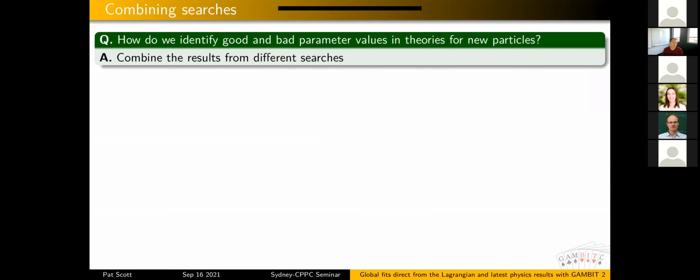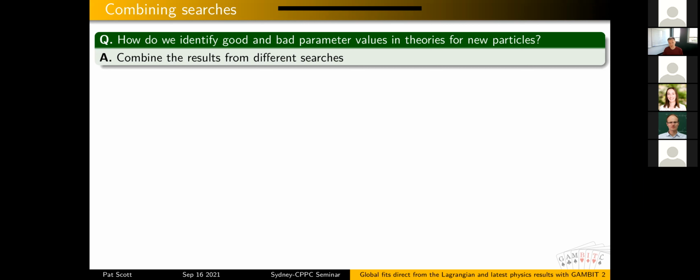So first I'll give you a little bit of background, an introduction to GAMBIT and what the problem is we're trying to solve. How do we actually go about identifying which parameter values in a given theory for new physics are good ones and which ones are bad, and which theories overall are good and which ones are bad? Obviously, we want to compare with the results from experiment.